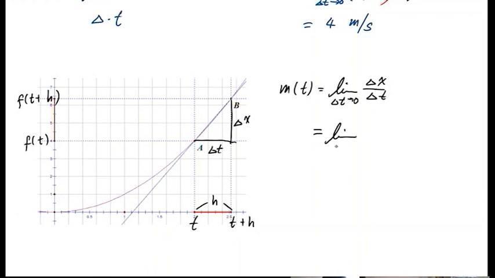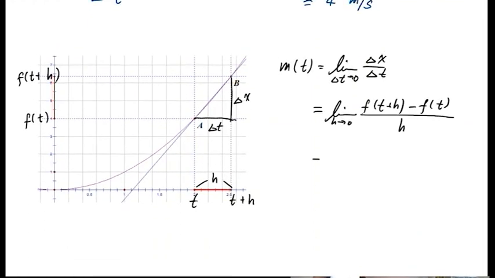So instead of delta t, we let h approach 0, and then we have f of t plus h minus f of t, over h. Wow, that looks really familiar. We have literally done this 1,000 times, haven't we? Now it's all downhill.